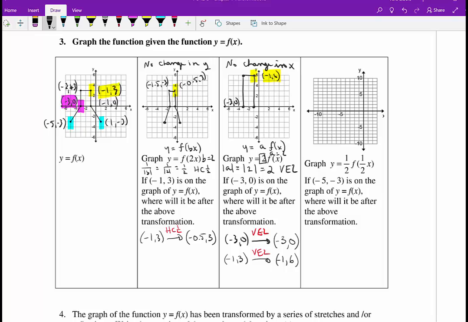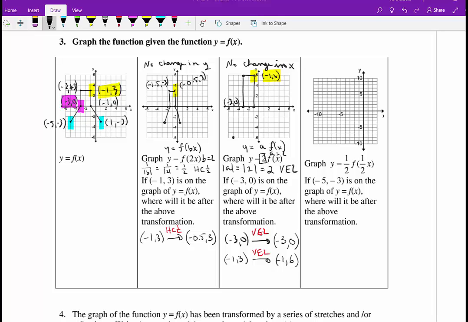All right, and then we take a look at the blue points on the first graph. They are 3 units below the x-axis, so we're going to double that distance now to 6. We keep our x-coordinate the same, so it's still at -5, but we're going to go down to a y-coordinate of -6. And the second point on the right of the y-axis is 3 units below the x-axis.